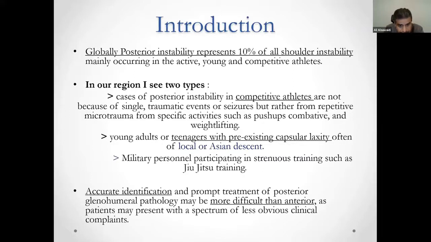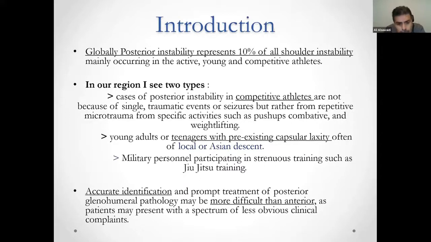I'm also seeing patients from the military, and people doing jiu-jitsu training, which has been introduced over the last few years, with shoulder injuries related to those types of exercises.